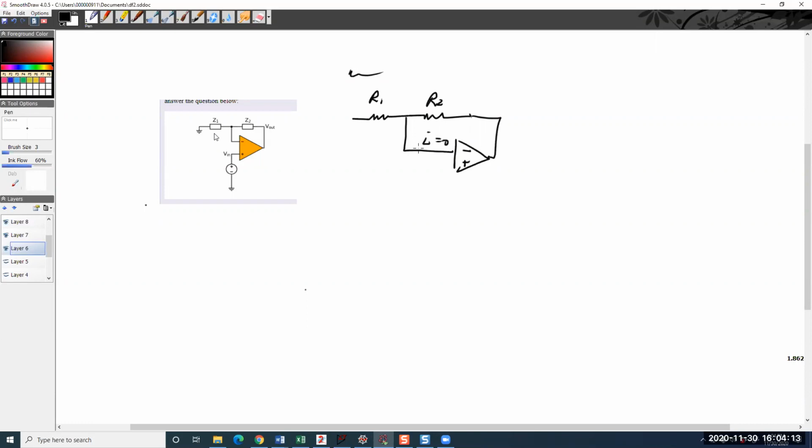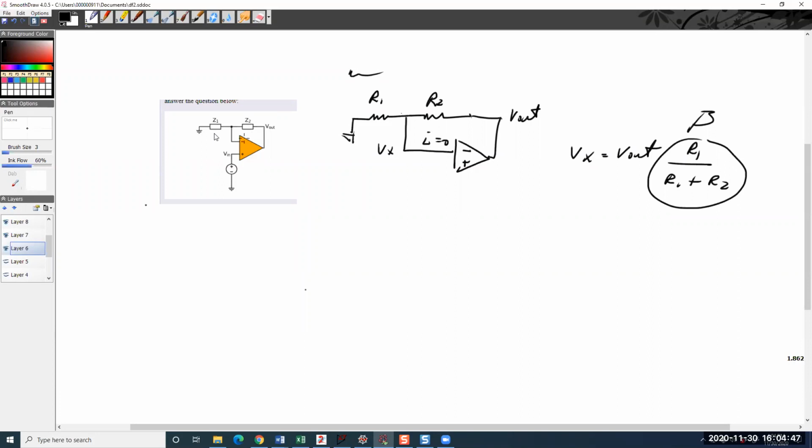Now, if I is 0, because we're saying that part of the op amp ideality is true, and this is Vout, well, then we could call that Vx, and the feedback part is just the voltage division, which is the beta.